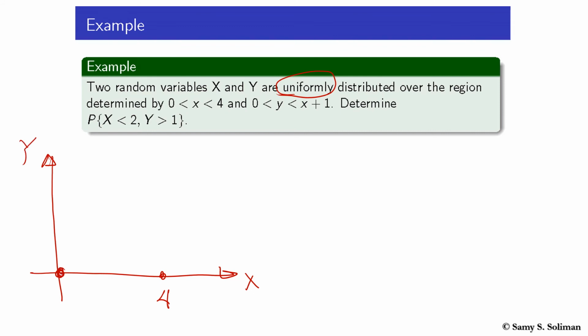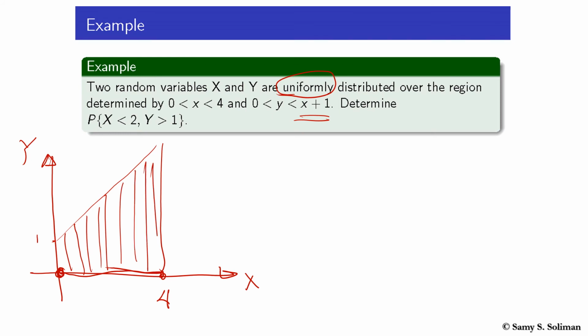So if we draw the line which represents x plus 1, we know that it will be a straight line with a slope equal to 1, and the y-intercept here is equal to 1. For x ranging from 0 to 4 and y ranging from 0 to x plus 1, we have this region which determines the range of x and y.